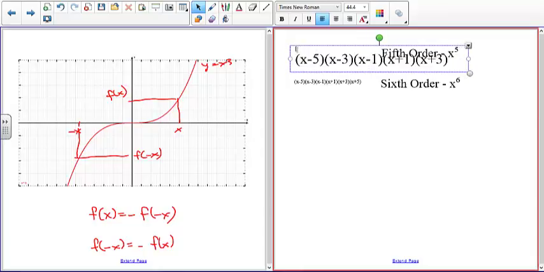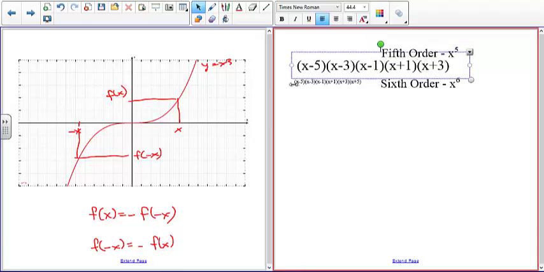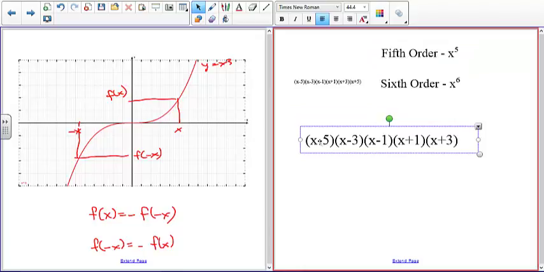So this is the factored version of a fifth order polynomial. You've got 1, 2, 3, 4, 5 factors, and when you multiply x times x times x times x times x, you get x to the fifth. These factors are going to tell you where the function intersects the x-axis.